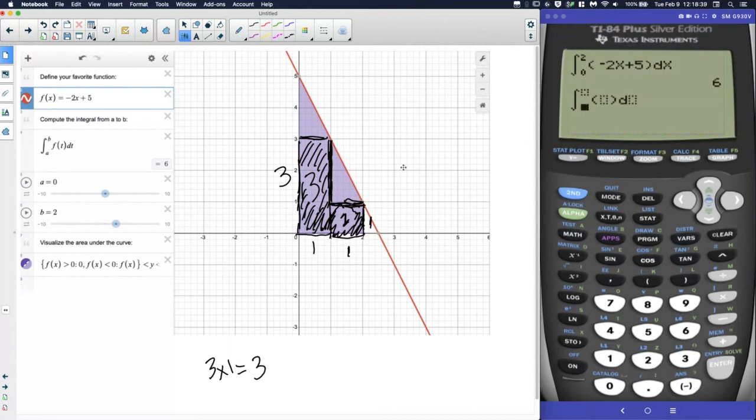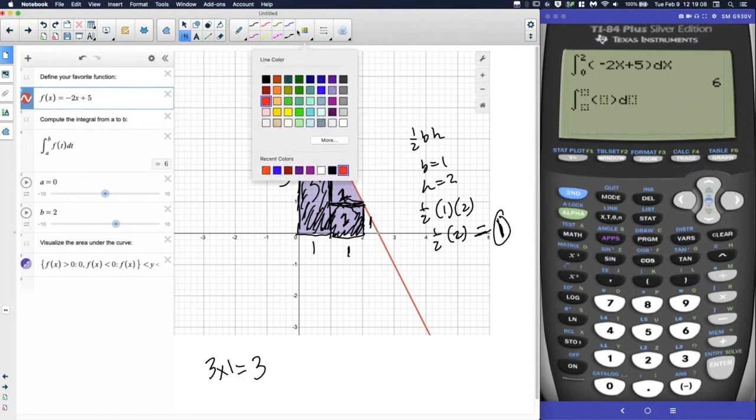Okay, so this is a triangle. So triangle is 1/2 base times height. The base here is 1. The height here is 1, 2. So height equals 2. 1/2 times 1 times 2, and that would be 1/2 times 2, which will give me 1.